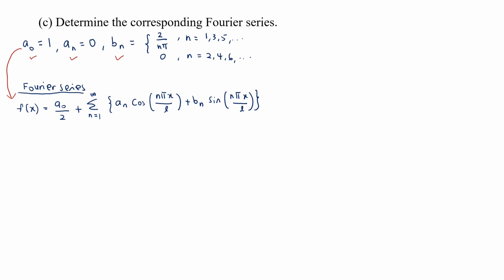Okay, substituting all these coefficients, we will get a0 is equal to 1 over 2 plus the summation where an is equal to 0, so this will be equal to 0, and then bn sine of n pi x over L, where L is equal to pi.